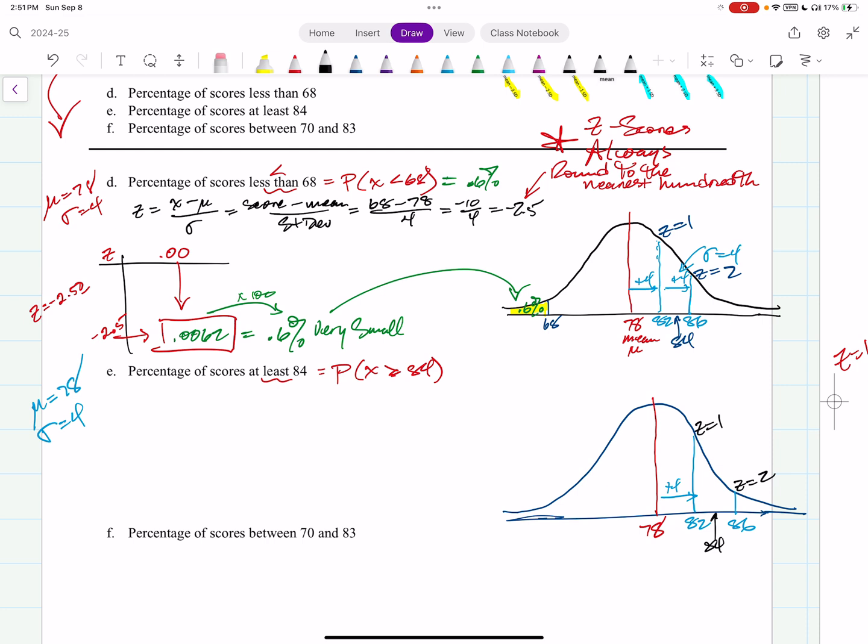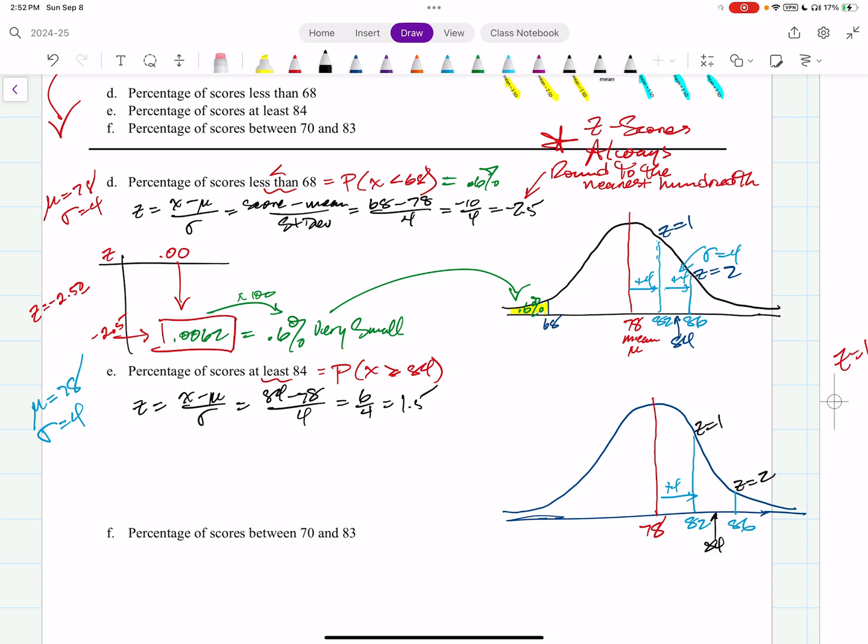So let's calculate it here. It's always the score minus the mean, x minus mu, divided by sigma. So 84 minus 78 divided by 4. 84 minus 78 is 6. 6 divided by 4 is 1 and 2/4, 1.5. Well, look at that, it's in the middle.